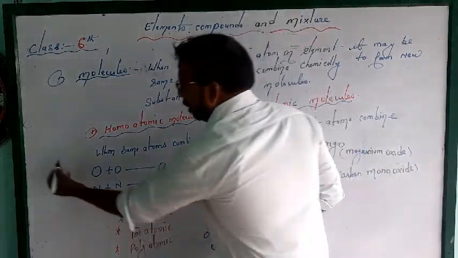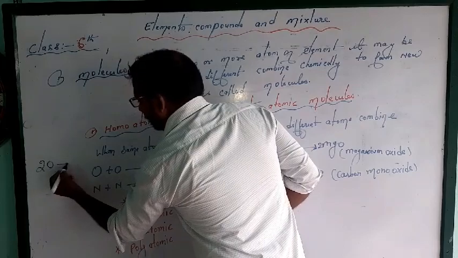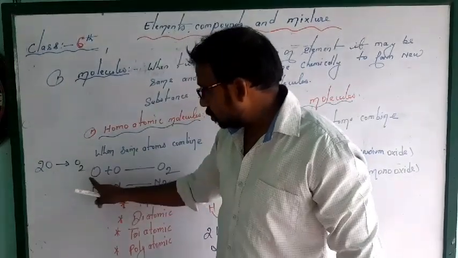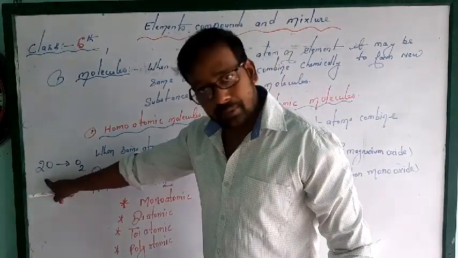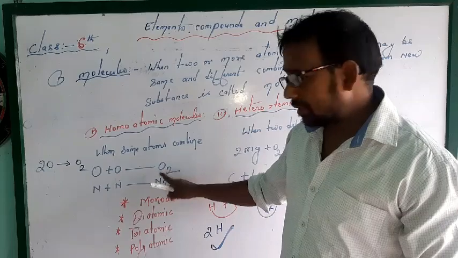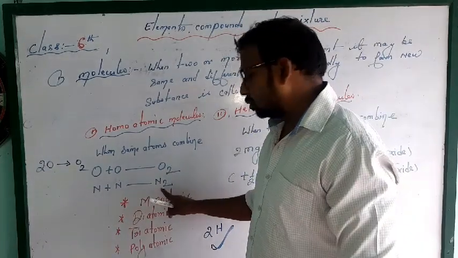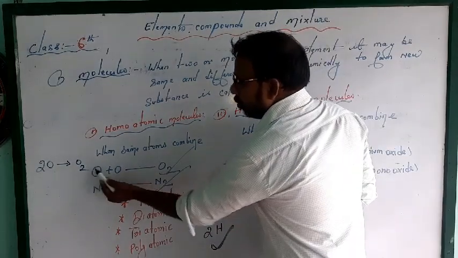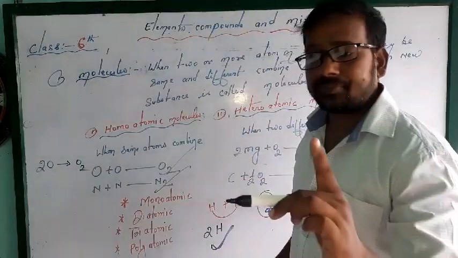You can also write 2O is equal to O2. Two oxygen atoms are present, combine chemically, and produce an O2 molecule. N plus N, N2 molecule. That is homoatomic because both atoms are the same.